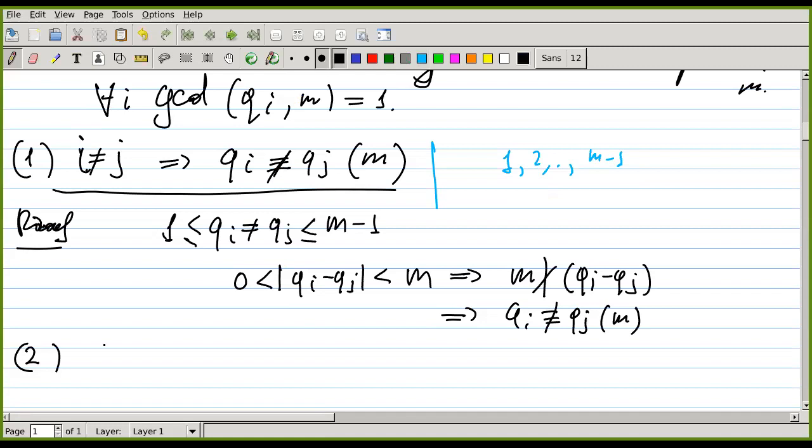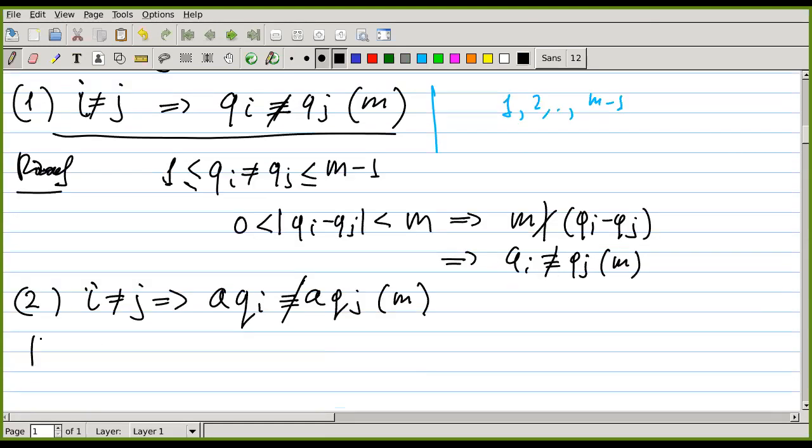Yes. My next step is as follows. If i differs from j, then not only Qi, but even a multiplied by Qi, aQi, is not congruent to aQj. Why is it so? It is easier modulo some previous knowledge.